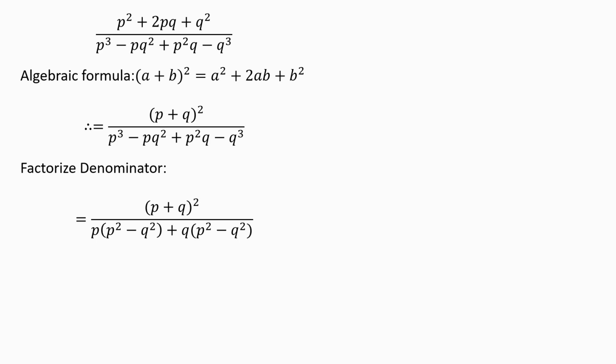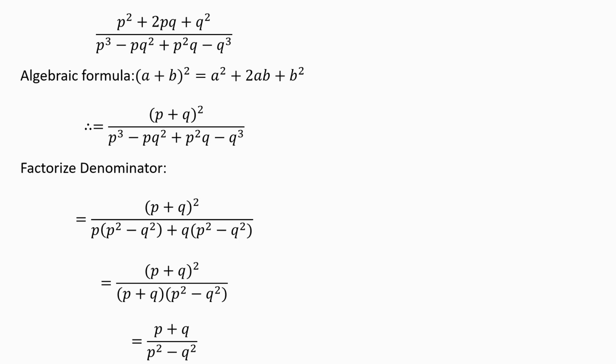So that you combine those variables and you have (p plus q) squared divided by (p plus q) into (p squared minus q squared). And since we have p plus q both in the numerator and in the denominator, they cancel out and we are left with p plus q divided by p squared minus q squared.